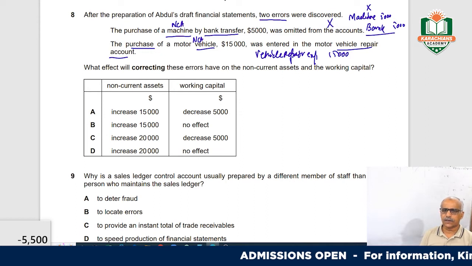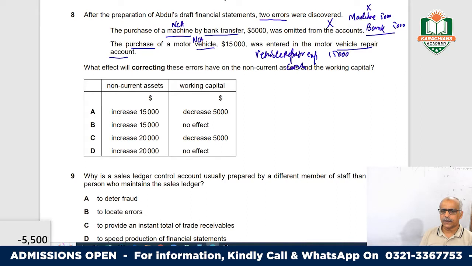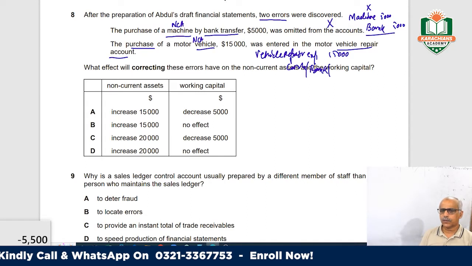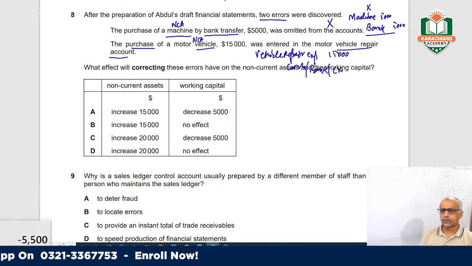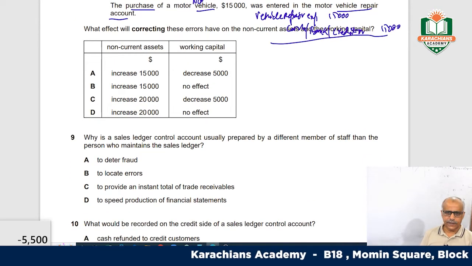The purchase is not mentioned as cash or credit, so either you paid by cash, by bank, or bought on credit from a creditor.